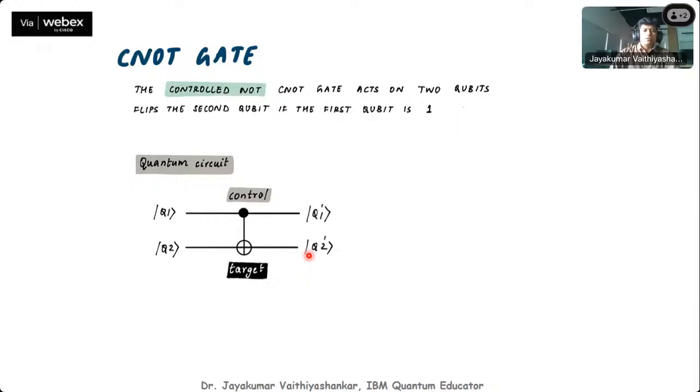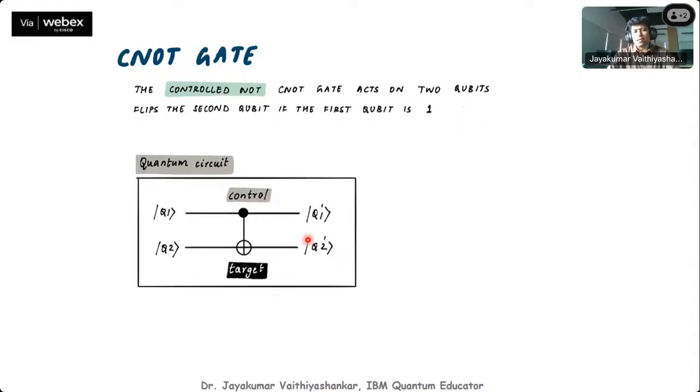After going through this CNOT, the state will get changed. That is why we mention Q1 dash and Q2 dash, to notify changes in your state. Whether it is acting or not, you need to represent it mathematically at least. Take an example of Q1 and Q2.